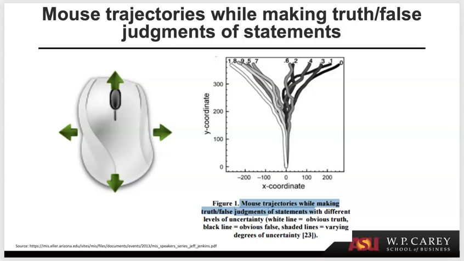And then here's one interesting example of profiling. Some researchers argue they can predict whether or not an online applicant applying for insurance services is telling the truth, on the basis of his or her mouse trajectories.